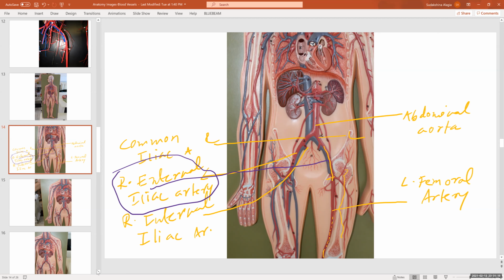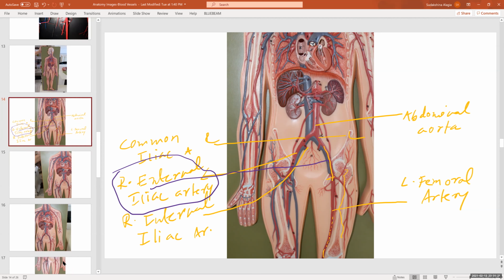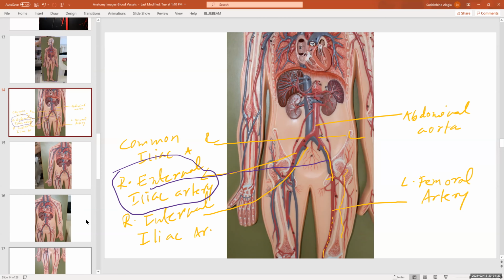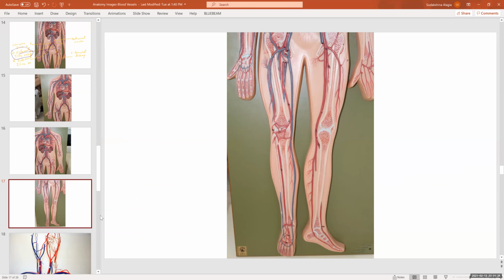So look at that here. We're starting with left femoral artery behind the knees here. This is left popliteal artery behind the knees, popliteal artery.